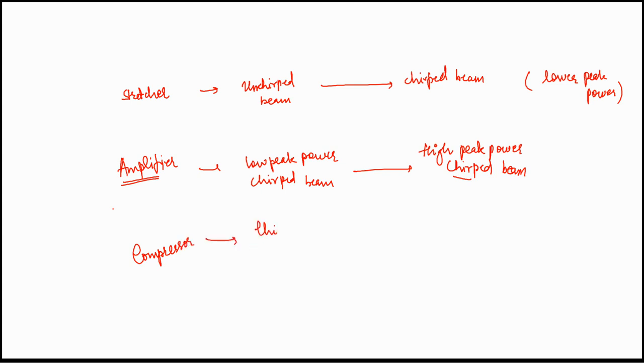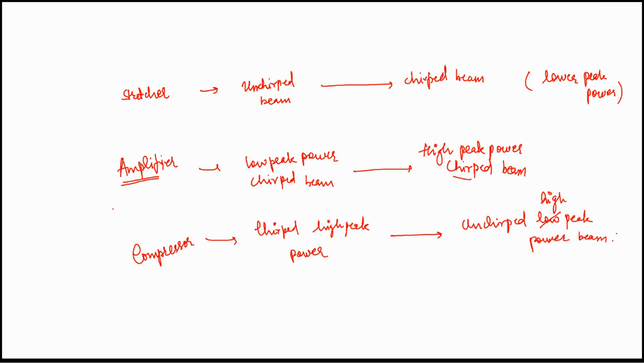We use a compressor which converts the chirped high peak power to the unchirped, high peak power beam. Got it? So these are the three: stretcher, amplifier, compressor.